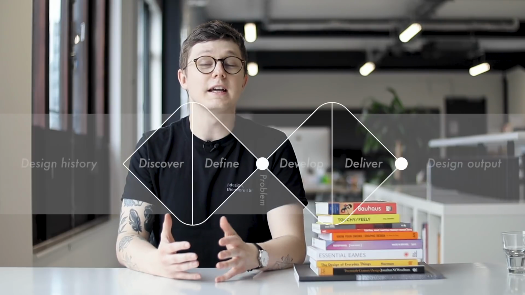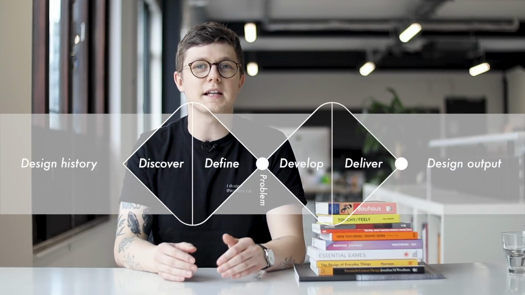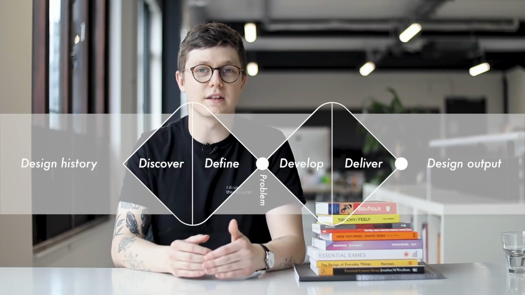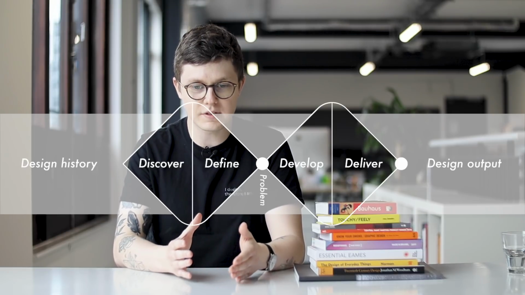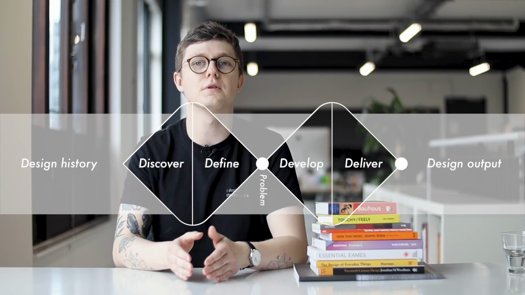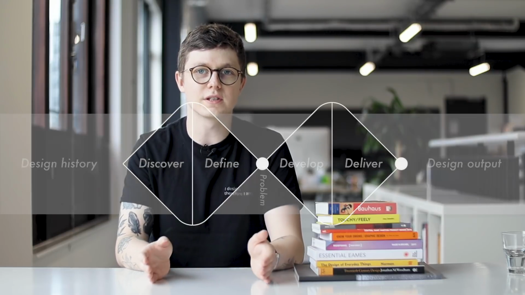With design history, you can see in this diagram that design history can contextualize this, and it gives a starting point so that you know you're on the right track when you first start off in your divergent thinking. Without design history, you could be repeating the same mistakes that people have made in the past, and you could be missing the mark without even knowing it, without knowing the basics of what has come before.